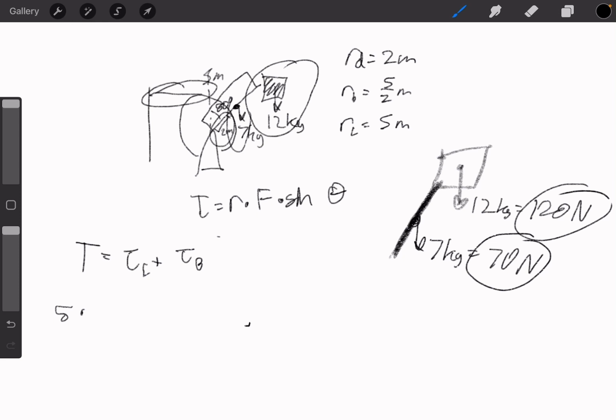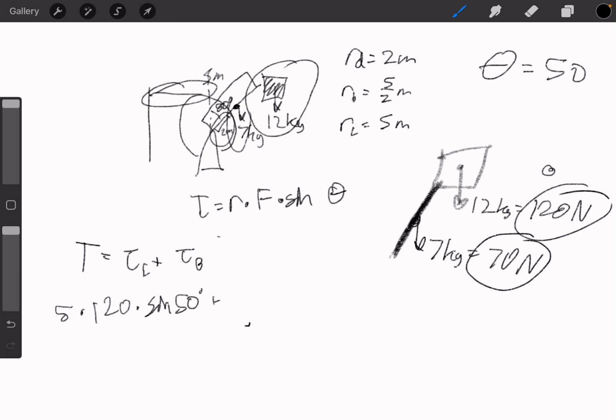So 5 times, and the force, remember we calculated it over here, is 120 newtons, and it's at an angle of 50 degrees, if you remember. And that's the angle from it being applied to the lever arm. So times sine of 50.